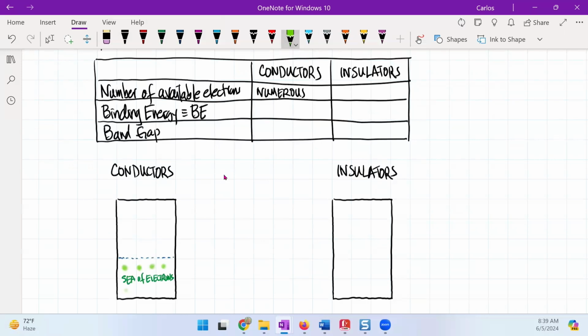So they're numerous electrons. On the other hand, when I look at insulators, they have very few. So I could imagine that if I'm looking at the number of available electrons, there's not that many. So now I need to create the binding energy and the band gap.